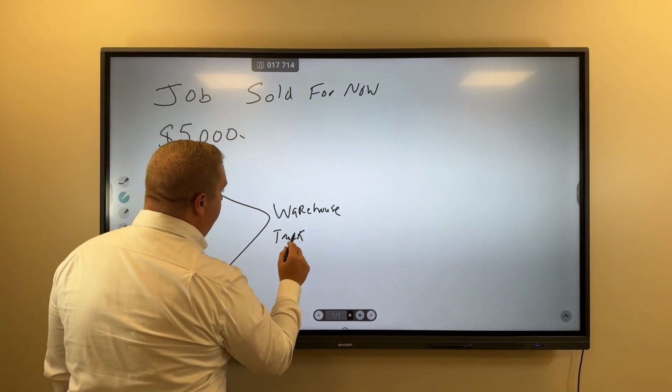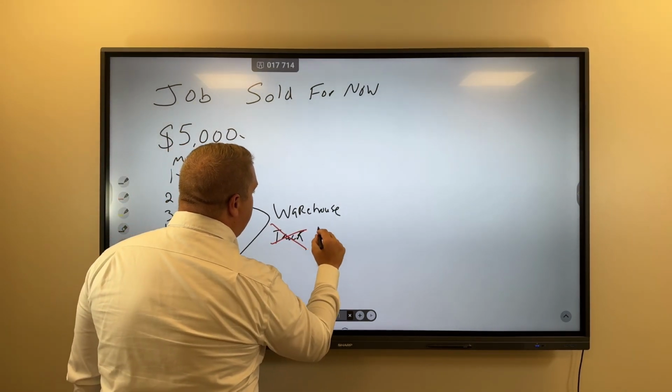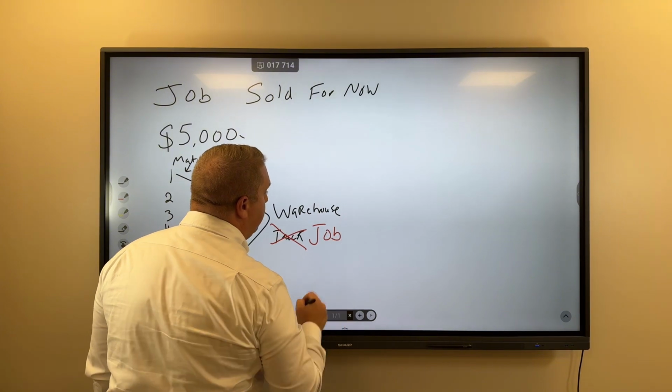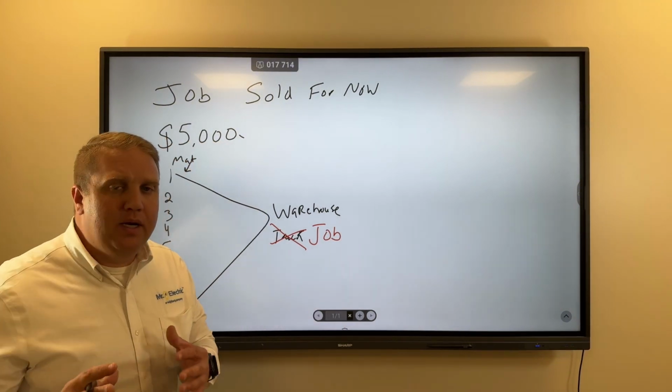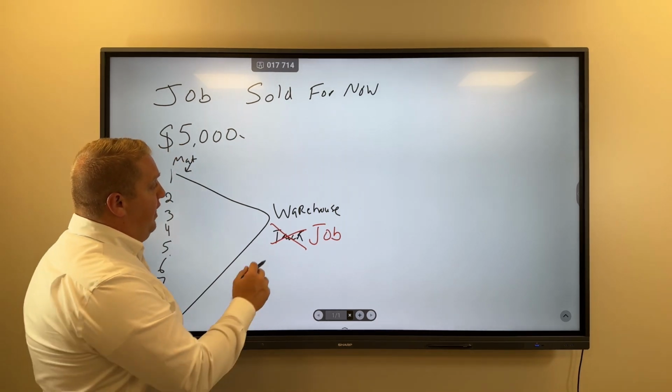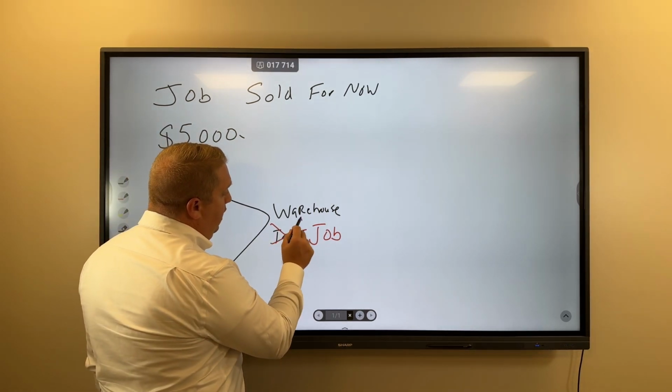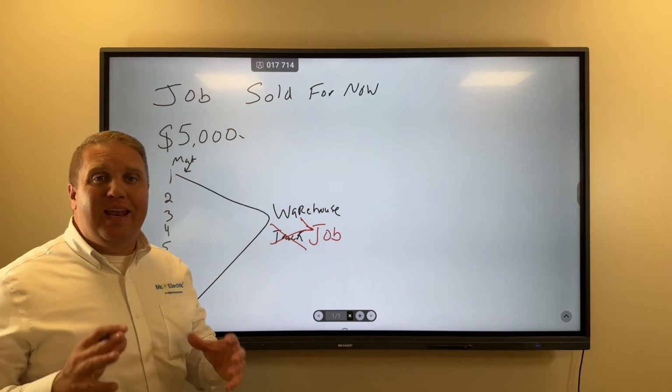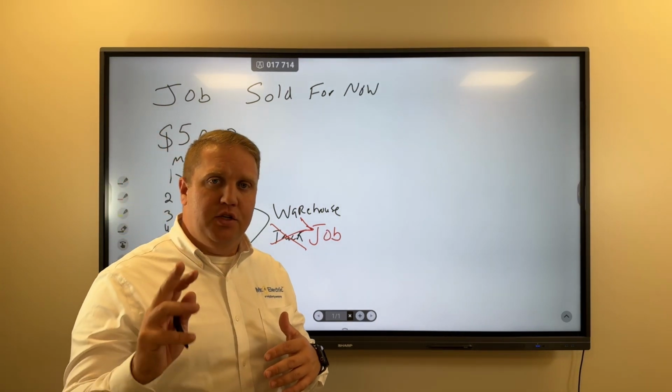I'm going to do a little red mark here. So once all of these are added on the front end, they're going to make a transfer from the truck to the job, and now that material is attached to the job.